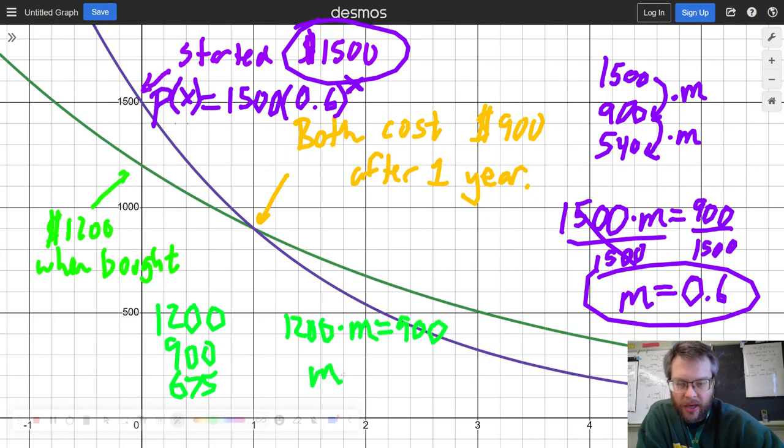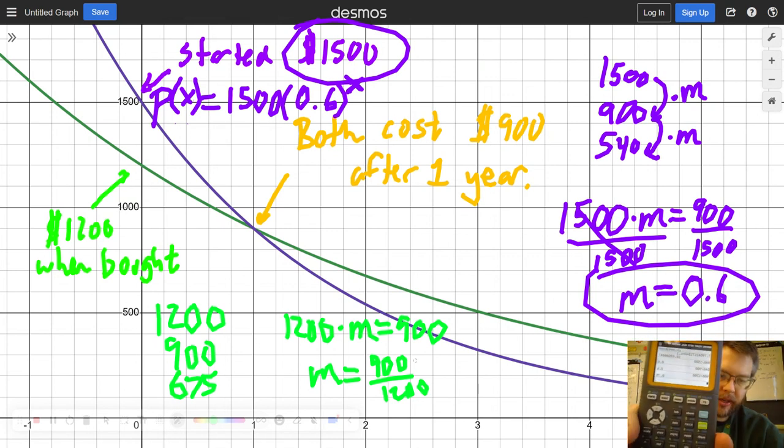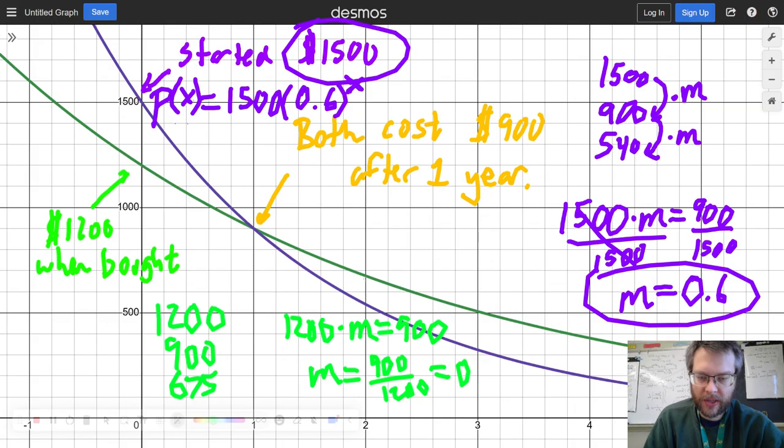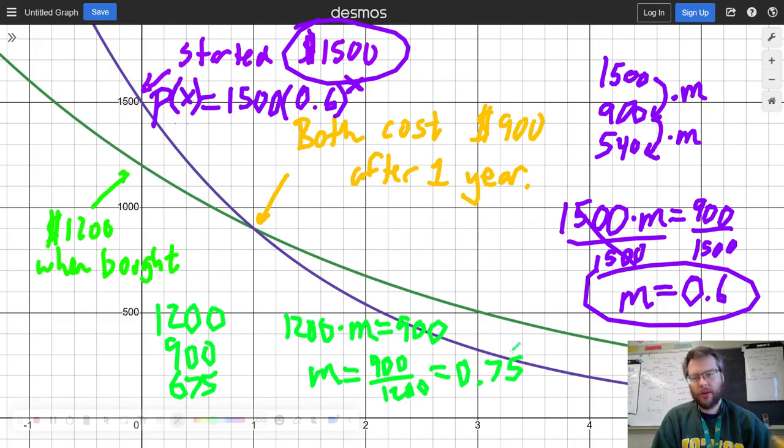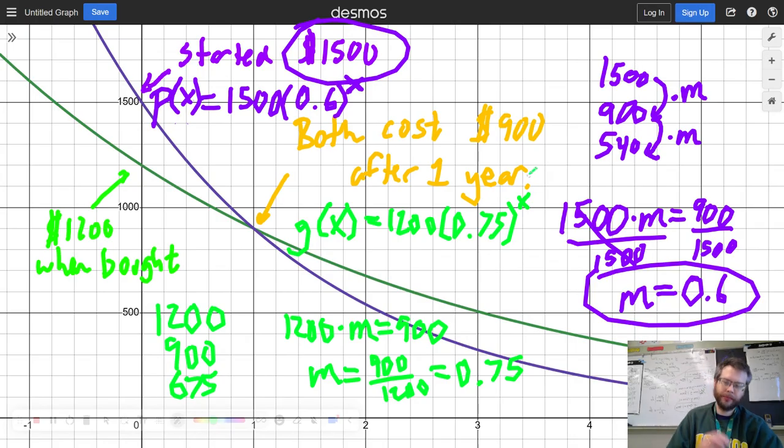You divide. So I know that m is 900 divided by 1200. If you divide consecutive y values, that's what you get, the m value. 900 divided by 1200, feel free to use a calculator, gives me 0.75. So now I know that my green equation, which I'll call g of x, starts at 1200, multiplies by 0.75 over and over and over again.